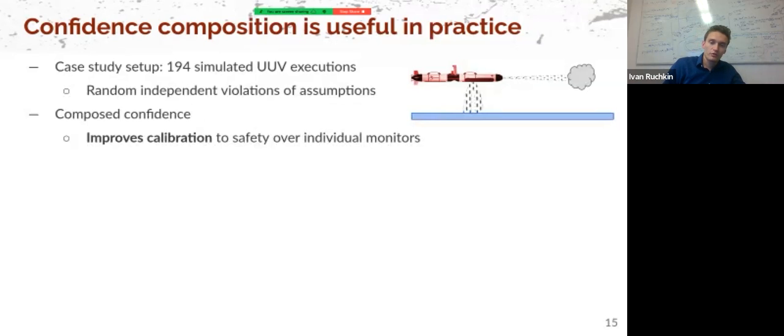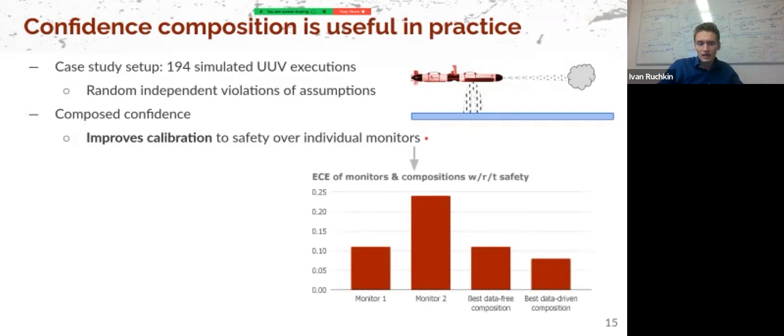Here I want to show you this plot. I'm showing ECEs, so smaller is better. We have a couple of monitors we're composing. You can see that the first monitor performs better than the second one. And then there are a couple of ways to compose them. One is using the functional forms, and you can see that this one works as well as the best monitor, which is already good because we didn't know which monitor to trust.